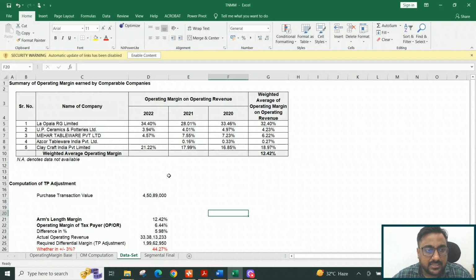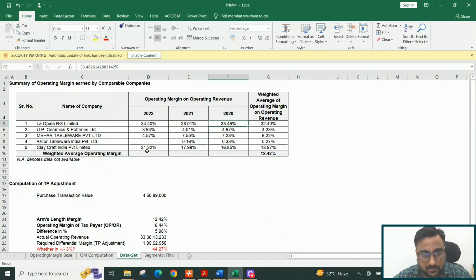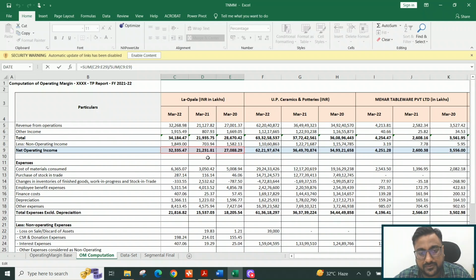Now, as you saw in the last part as well, there was this example wherein we arrived at a data set under the TNMM. As you can see, I have computed the margins for these 3 years by using this entire computation sheet, and appropriately I have come up with a data set. We have also computed this weighted average operating margin on operating revenue, which again we need to understand: I have totaled the operating profit, and I have divided that by the total amount of sales for 3 years, right?